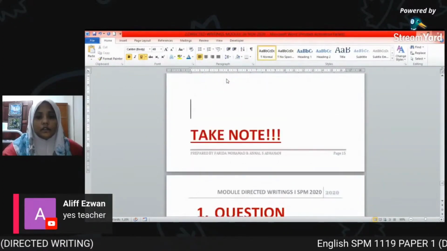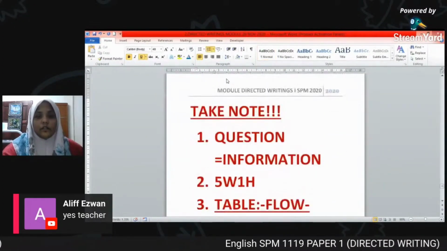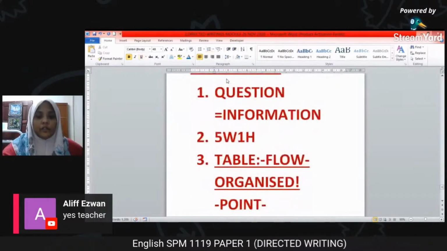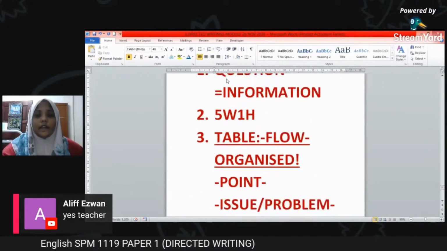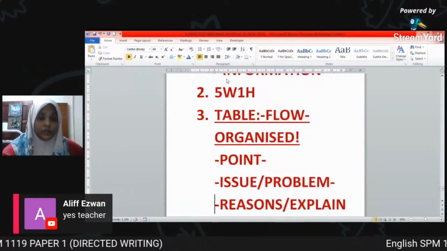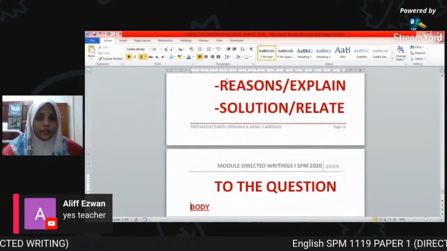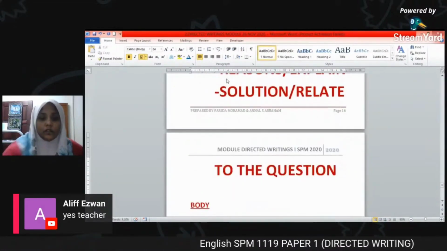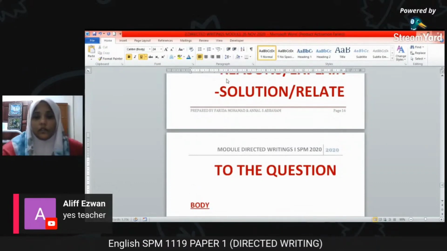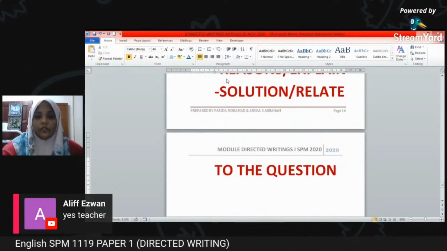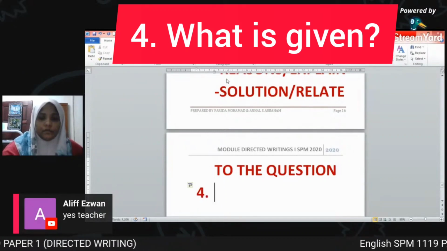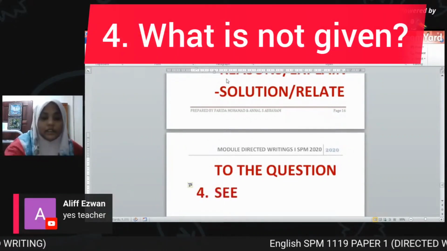Okay, the question equals information, 5W1H, and then do the table. Number 4, always remember, see what is given and what is not.